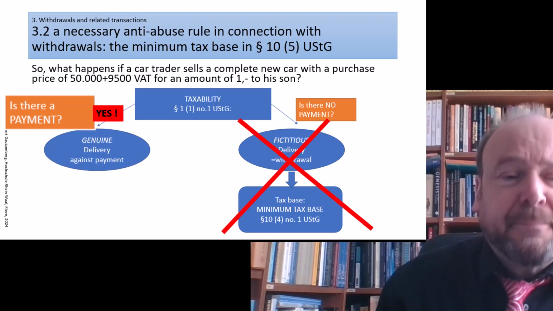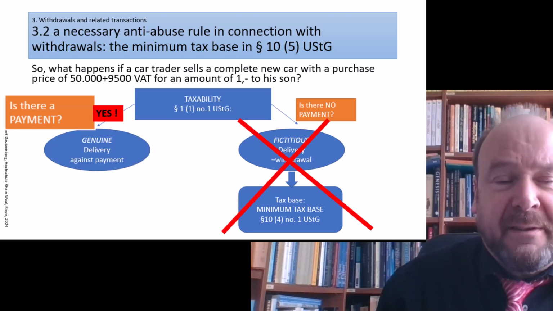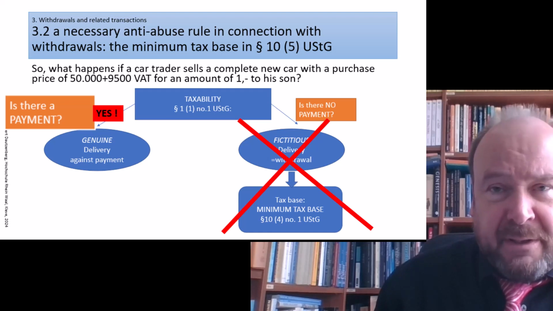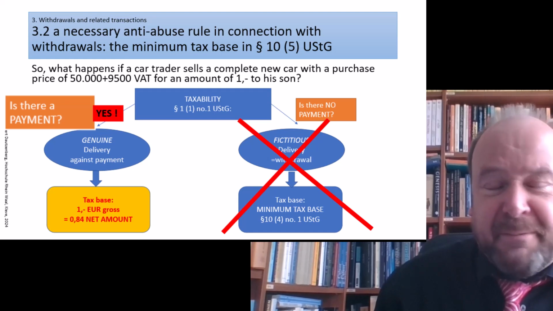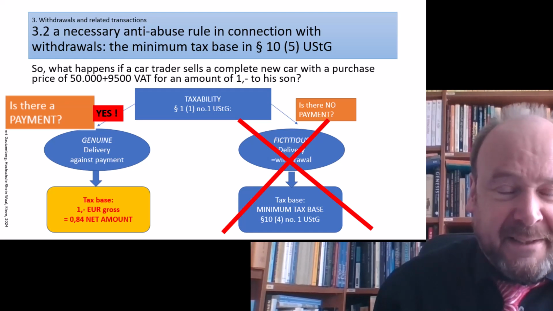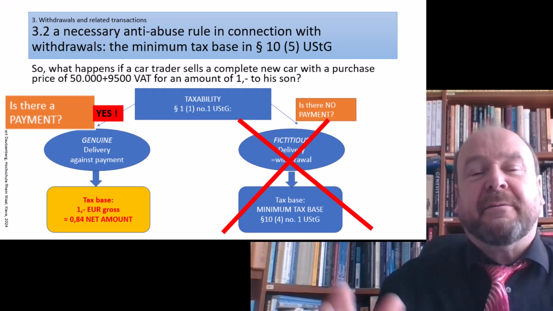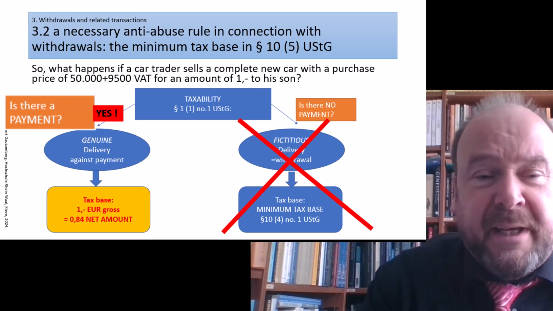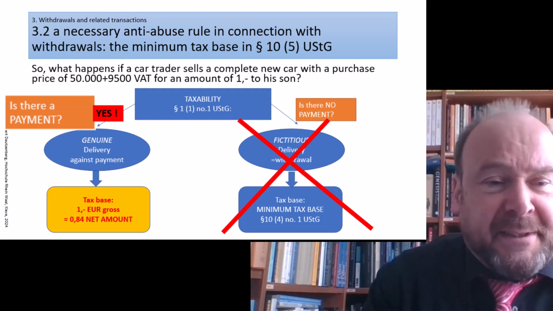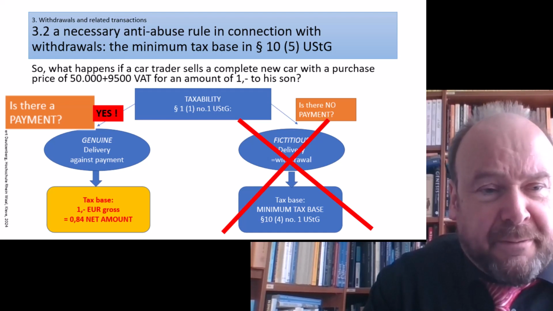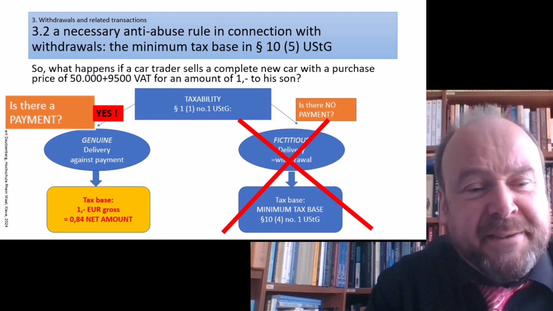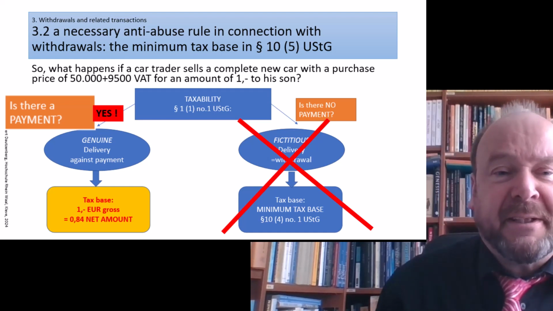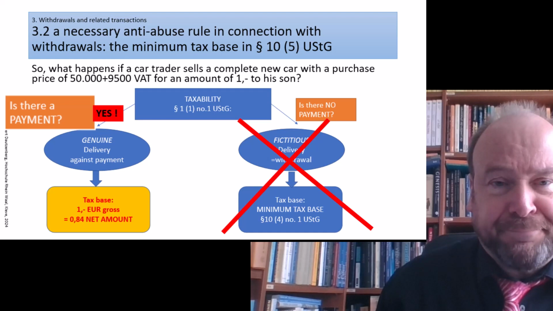We are forced to take the left track, genuine delivery against payment from father to son or daughter, and the tax base is €1 gross amount. That means 84 cents net amount, and the trader would really appreciate that, because now he got 9.5 thousand VAT input tax refund and pays 16 cents on giving that car to his son or daughter.